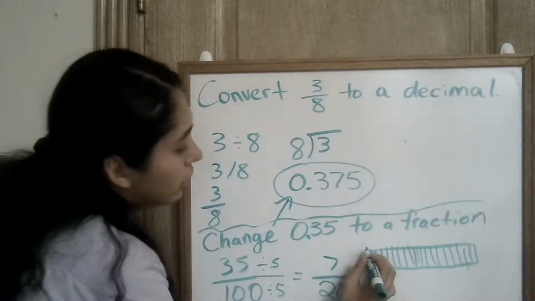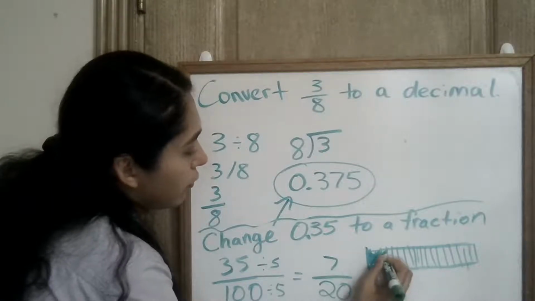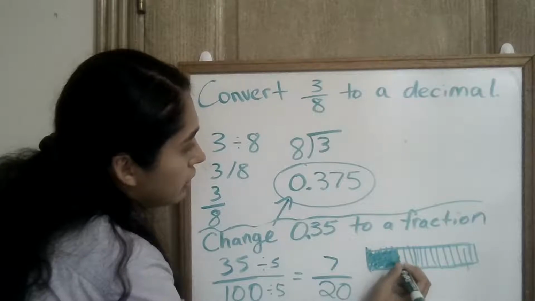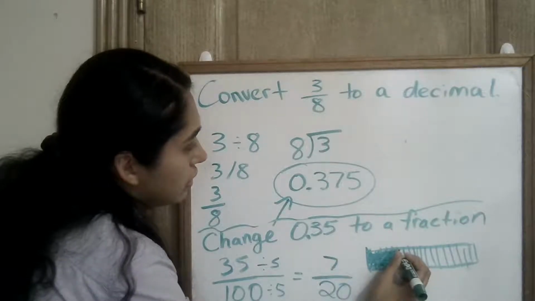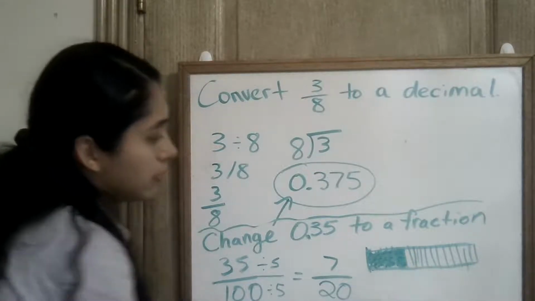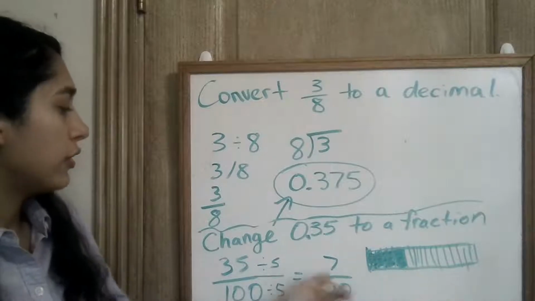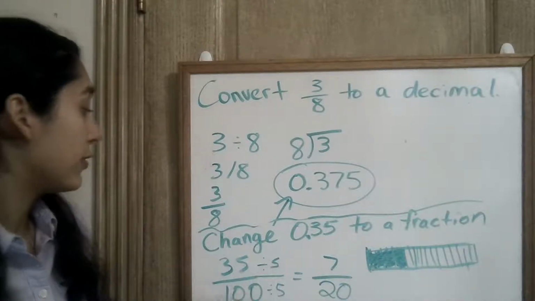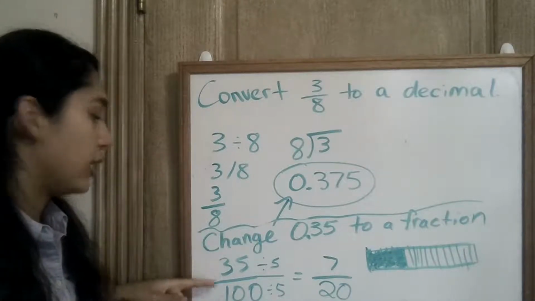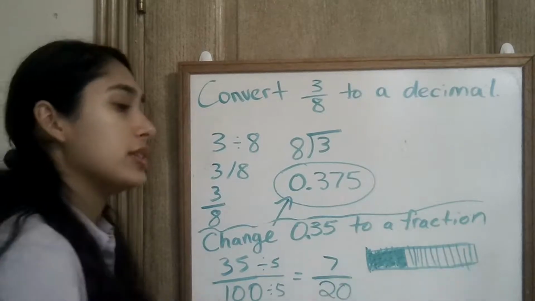So I can conceptually count 1, 2, 3, 4, 5, 6, 7. So it's that much. 7 out of 20. Instead, if I had to just think of it in my head, 35 out of 100, conceptually I'd have to divide this into 100 little pieces and then 35.